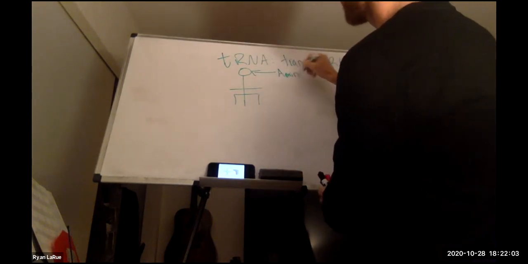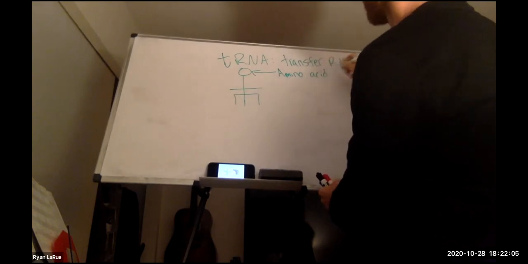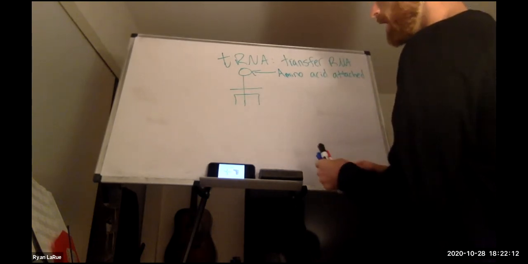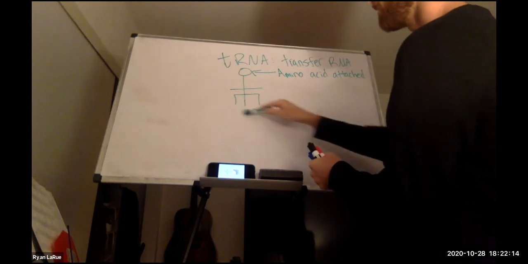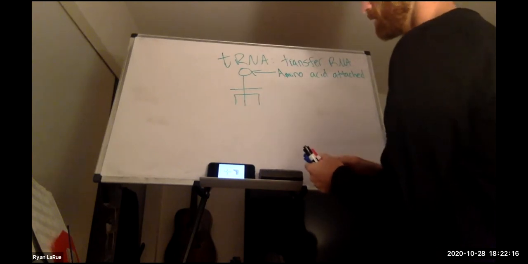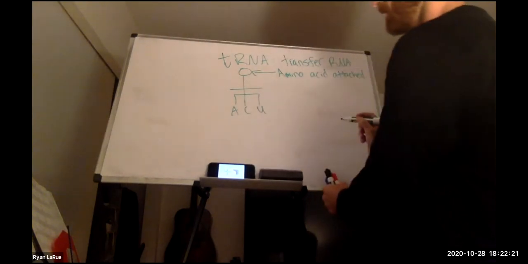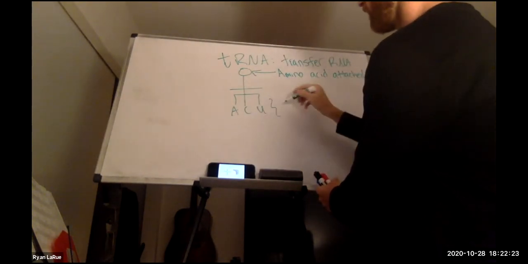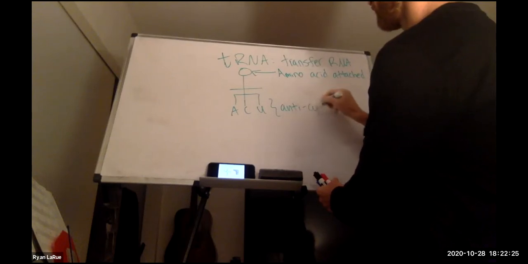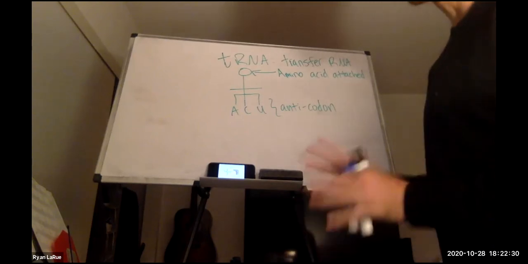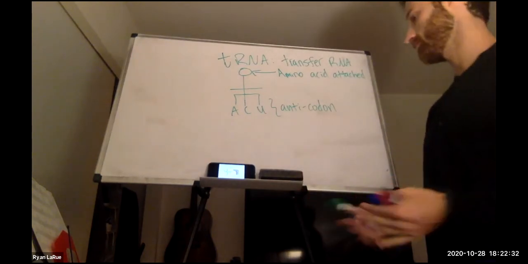And there's going to be an amino acid attached to the top of it. And this bottom part, let's say it's ACU. That's our anticodon. That's what tRNA looks like.